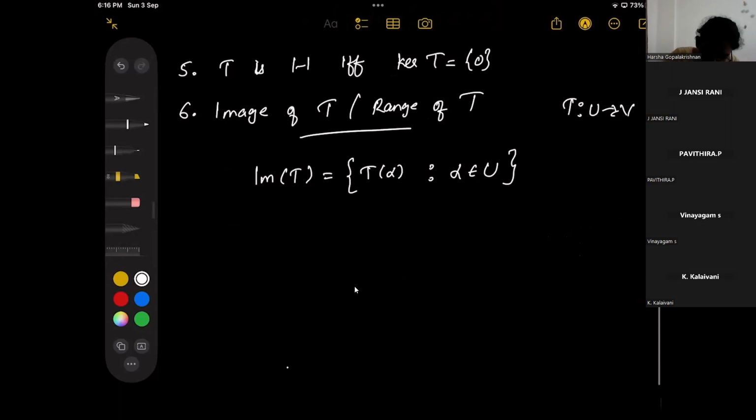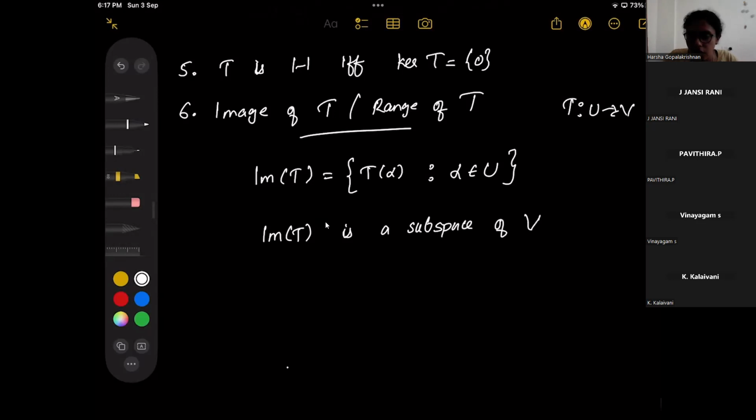Now again we can see image of T is a subset of V. As we already told, it contains all T alpha, that means T alpha are image elements in V. Actually, it is not just a subset, it is a subspace of V. Note that kernel was a subspace of U because it was the set of all elements which are mapped to 0.